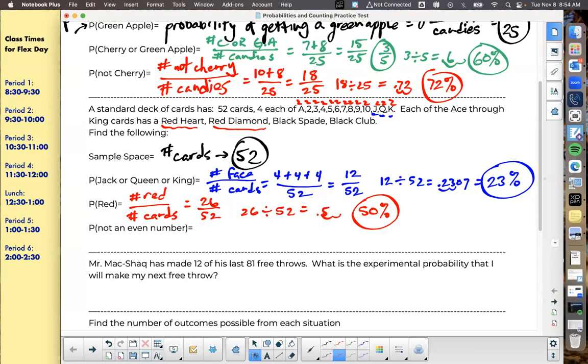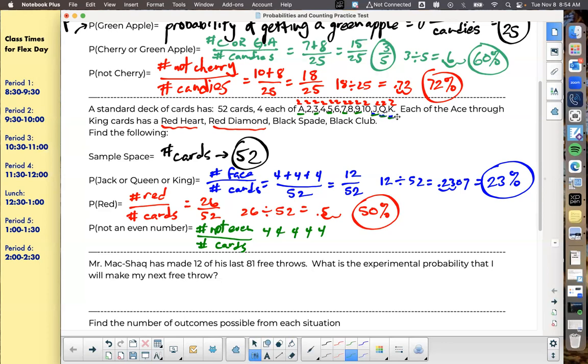Probability is not an even number. Okay, so I need to count up how many cards are not even, and divide by how many cards. Okay, not even. Ace, not even. So there's 4 of those. 2 is even. 3 is not even. 4 of those. 4 is even. 5 is not. 4 of those. 7, 9. So there's more that are not even. 10 is even.